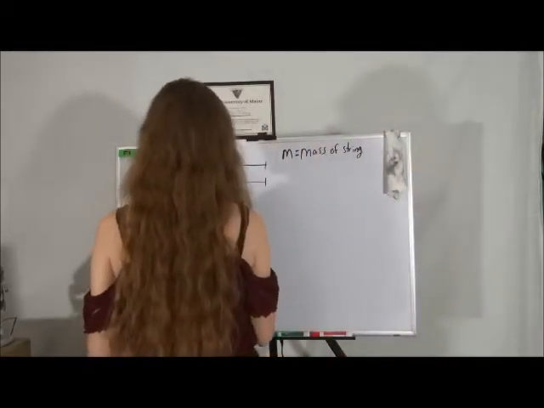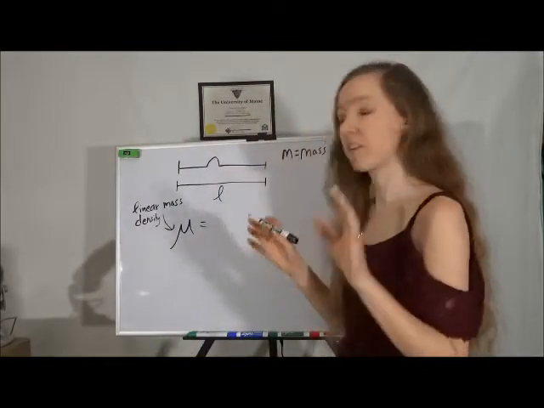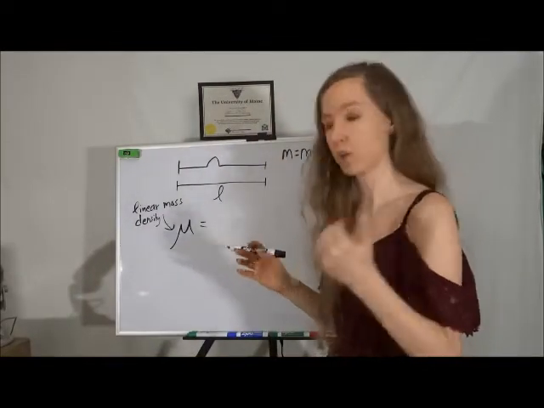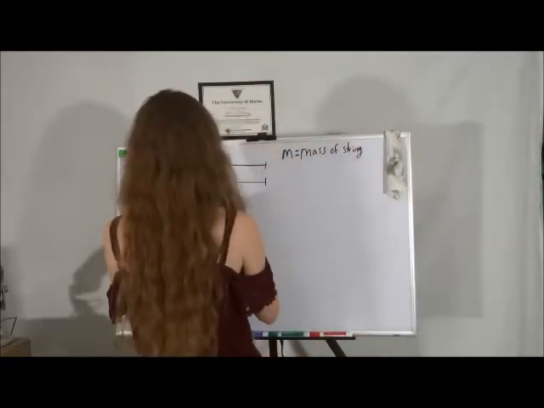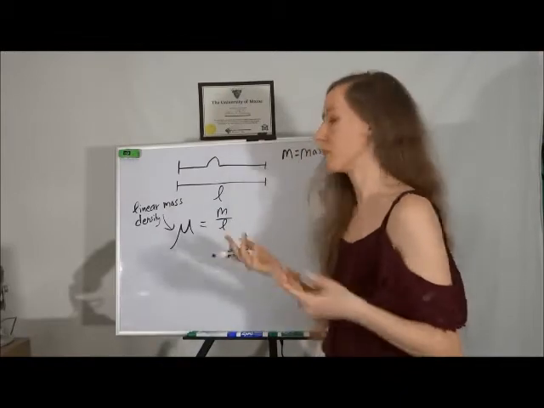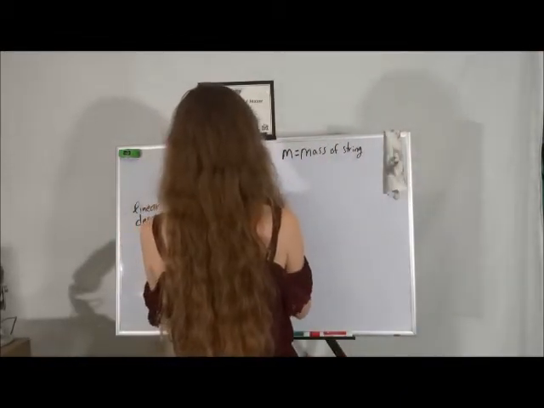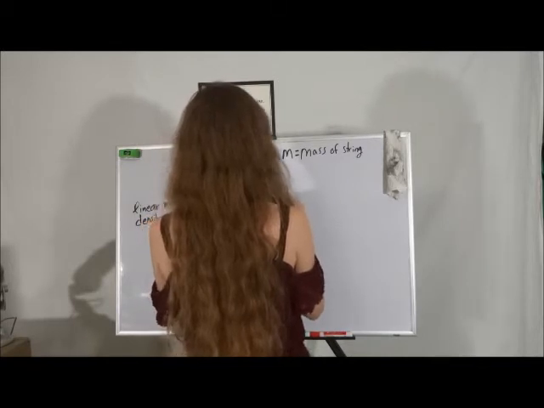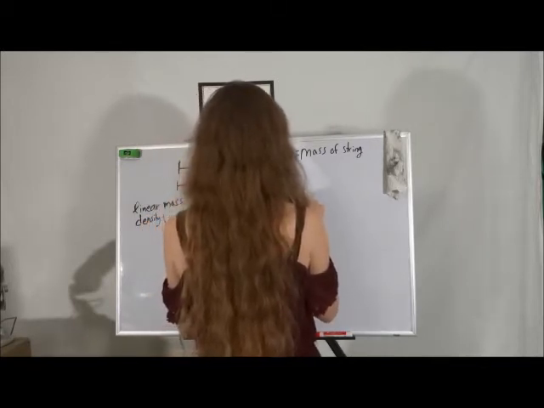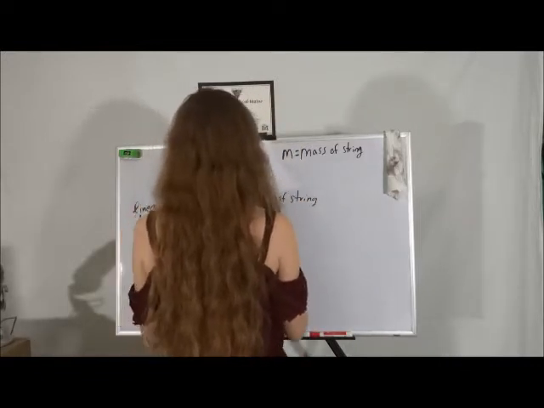And the mass density, it's a lot like a regular density, but instead of having mass over volume, we're going to have mass over length. Where length would be your one-dimensional equivalent of volume. So this m is the mass of our string. And this L is our length.